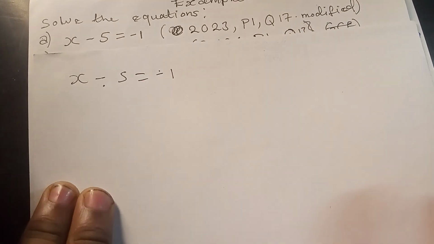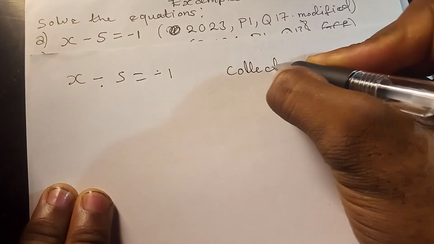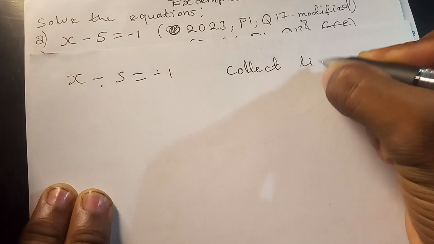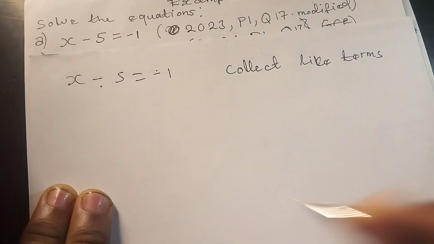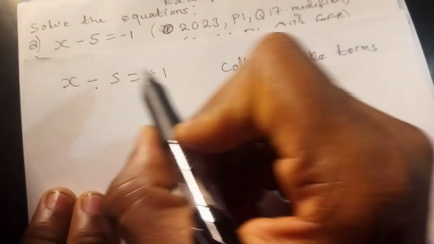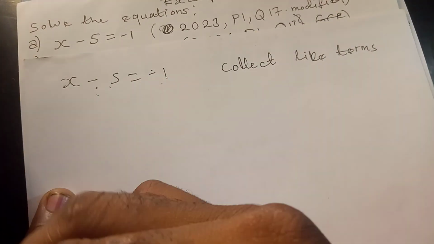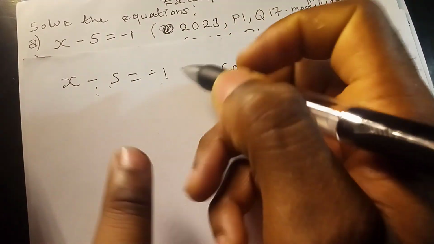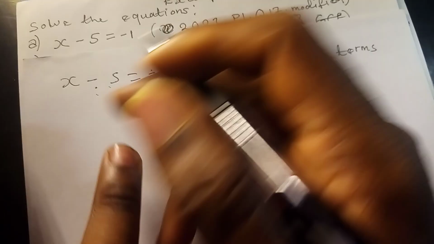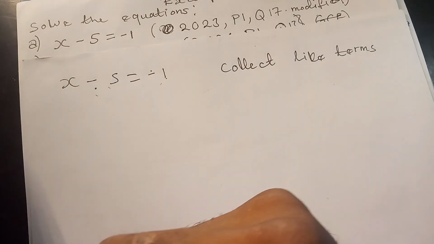So to solve this, you simply collect the like terms. This is always the first stage. Collect the like terms. So in this case, we have this and this as the two like terms in this equation. So you have to put them on one side of the equal sign and then put the x terms on the other side.